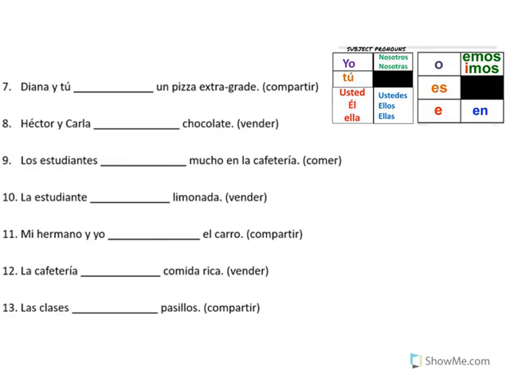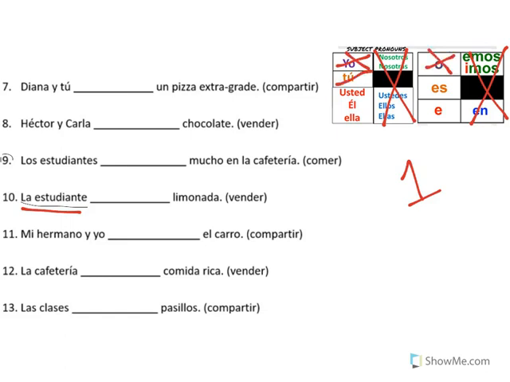Number 10. La estudiante. Oh, so this one's the opposite of number 9. These were many students, los estudiantes. La estudiante, which is number 10, is only one student. So, if it's only la estudiante, one student, this side will not work then. It does not say yo, can't use that.